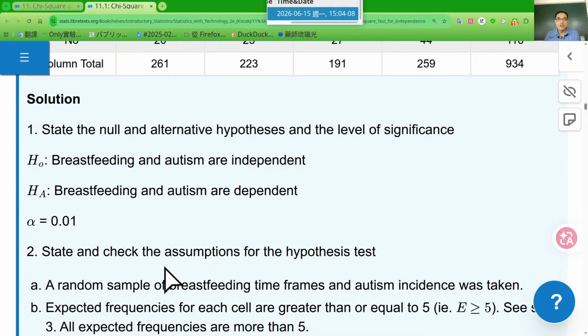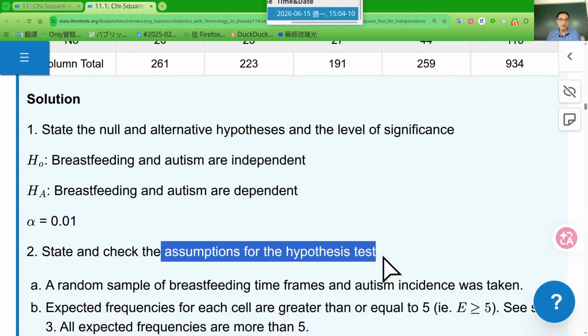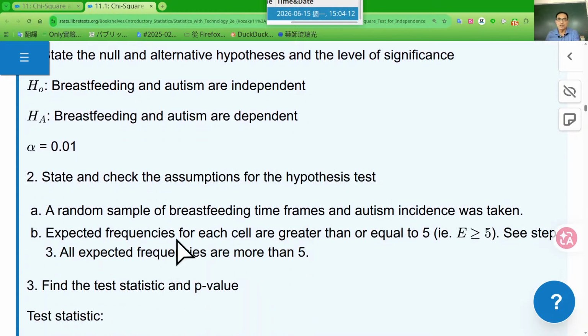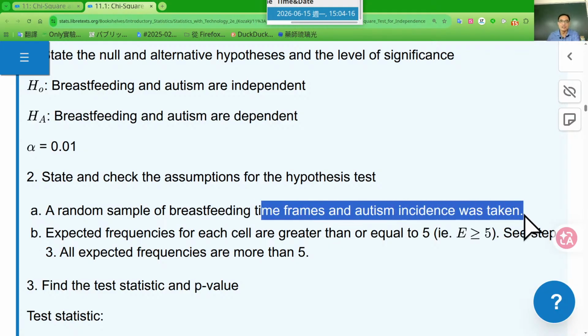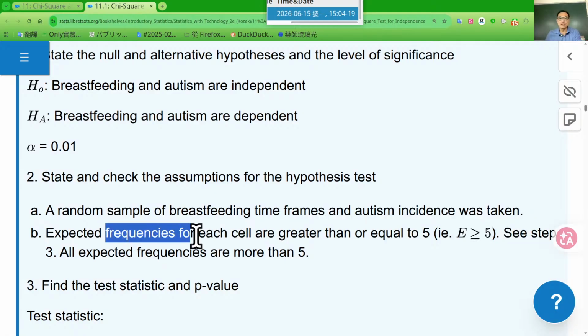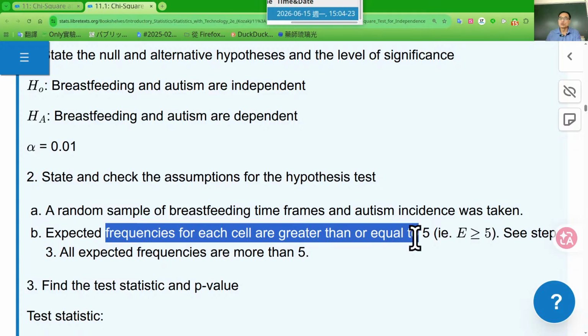And now check the assumptions for the hypothesis test. A random sample of breastfeeding time frame and autism was taken, and the expected frequency for each cell is greater than or equal to 5.